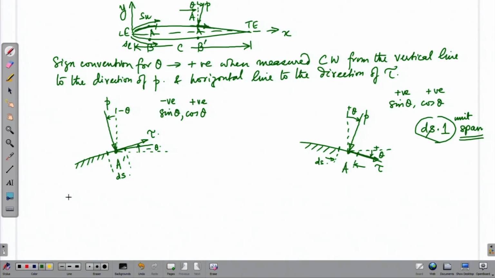Let us write down the elemental normal force expression, and then we will check whether it works equally well for both points A and A dash on the upper surface. So, we are writing an expression for the normal force as it works on this small element ds and on the upper surface.